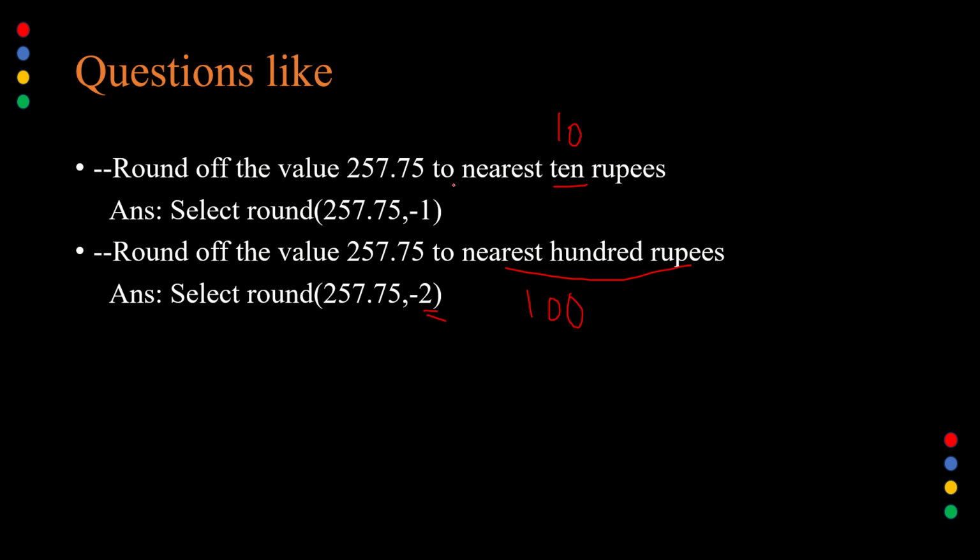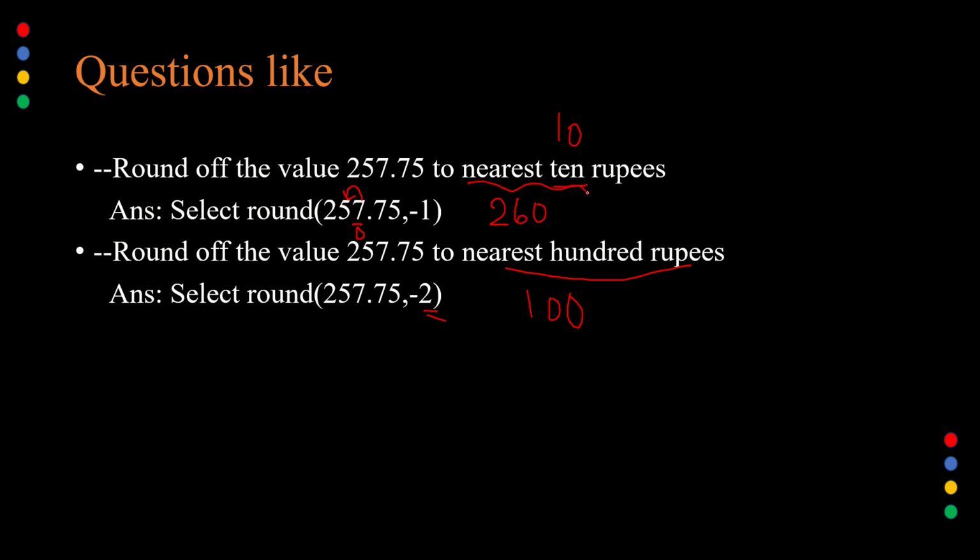And if you want the explanation, it goes like this. See, -1, how does it work? One digit will be converted to 0, and since 7 is greater than 5, we'll be adding 1 to it. So the answer would be 260. What is the question?